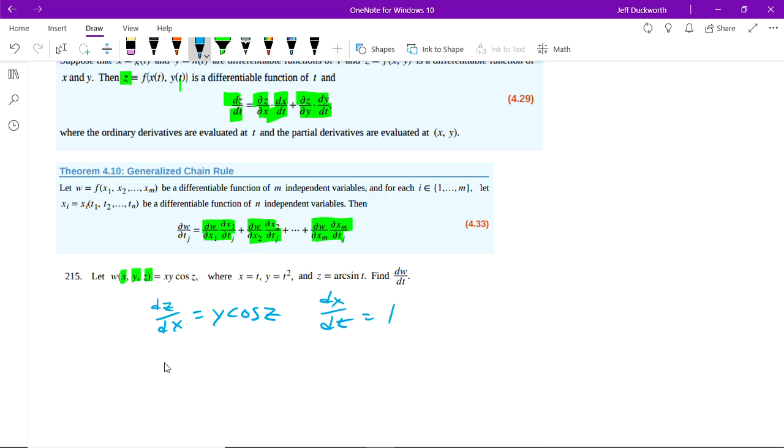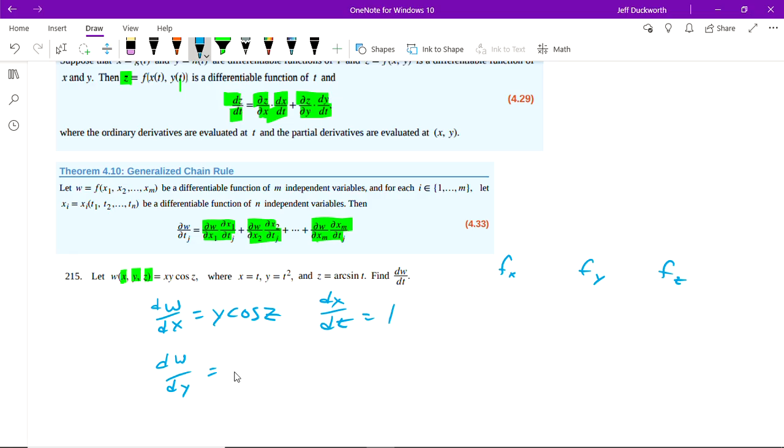Our second one, we want, I guess this is a w. I apologize, because we have a z. It's dw dy, or again, you can just use f of x, f of y, f of z, that's fine. Anyway, with respect to y, it's going to look very close to that.